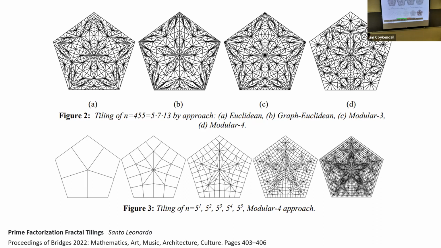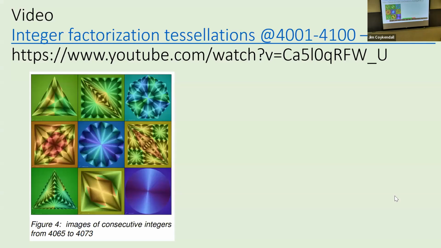This one has 5 to the power 5. By the way, when I present all these, they come from papers. This is a very recent paper on tiling. Okay, and let's see. Oh yeah, here is a video showing how to do this kind of tiling.